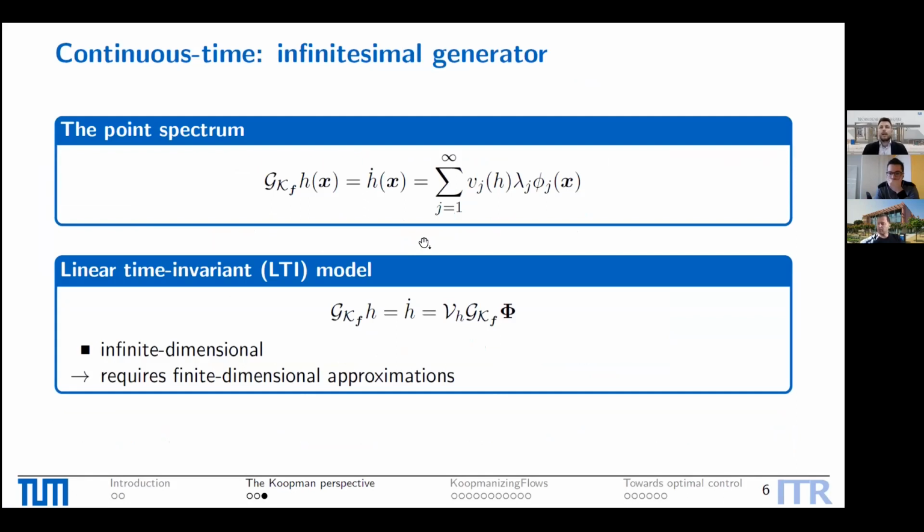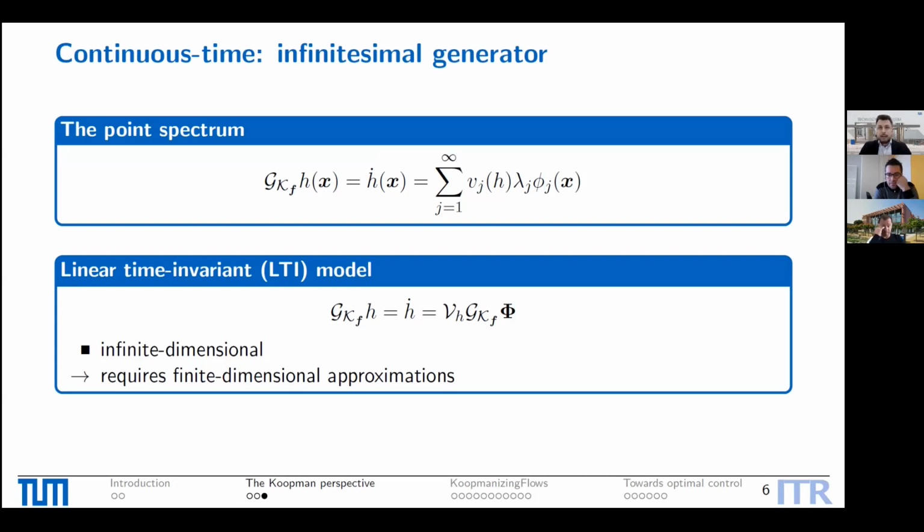And in this work, we're actually interested in learning the whole semigroup of Koopman operators. And that's why we go to the infinitesimal generator case. And here we can see the spectral decomposition of the point spectrum in that case.